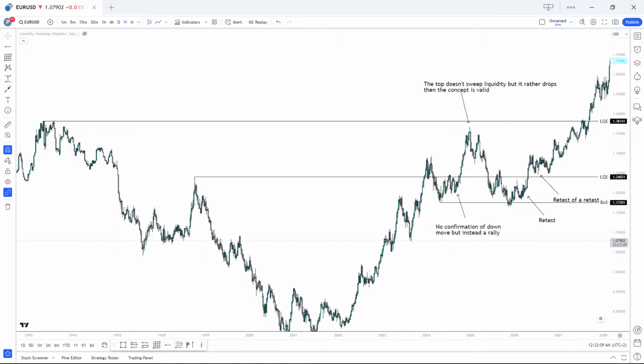If liquidity gets swept, but first reaction of the move spike that caused it doesn't indicate a down move to us, but rather an ongoing rally, but the rally doesn't end up taking liquidity of the top before the top whose liquidity was taken, then this concept is valid.